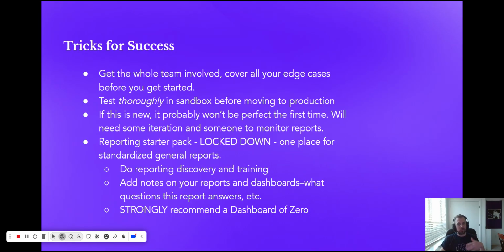And then I also strongly recommend a concept I call the dashboard of zero, which is basically just a bunch of reports that should always return zero results. And if it doesn't return zero results, that means that something is wrong. So some examples of things you might put on there are MQLs that are unassigned, or records that haven't been touched for a certain amount of time, or it's been stuck in sales working for 45 days with no activity, or there's a record that's been marked as disqualified but is also attached to an active opportunity.